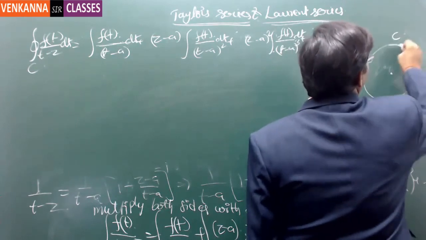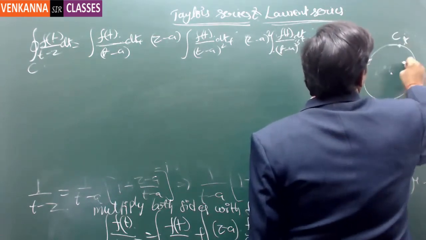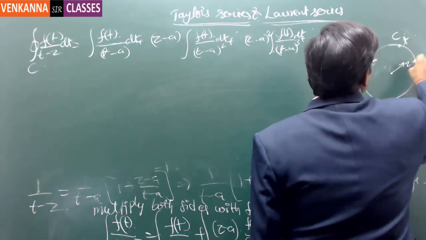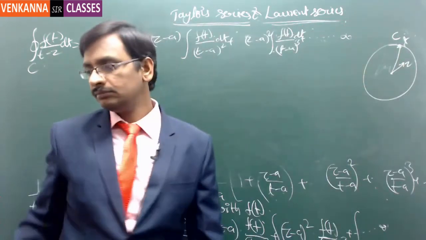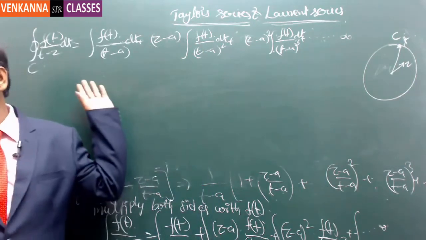This is the closed contour C where we have considered the value of t, and z is any point randomly selected within the region of analyticity. What is this integral value?